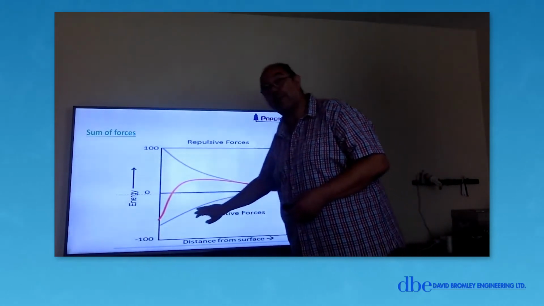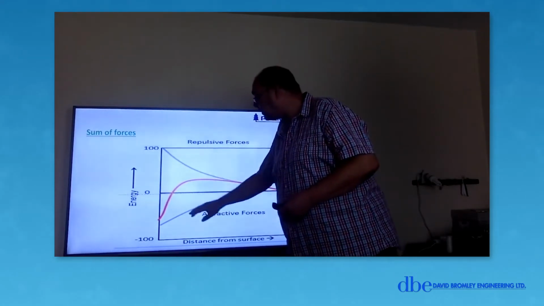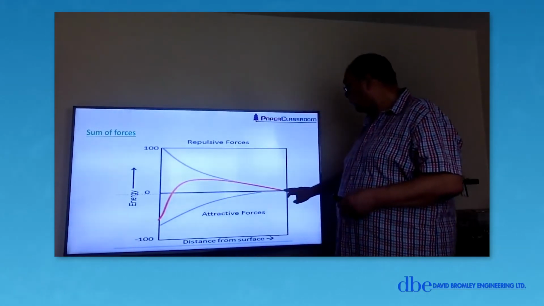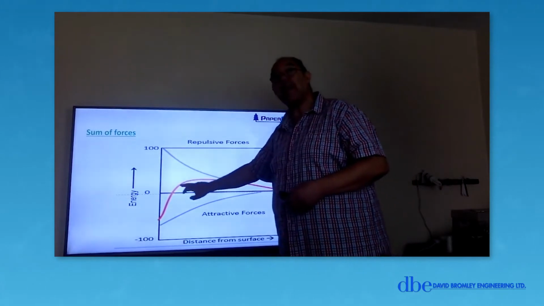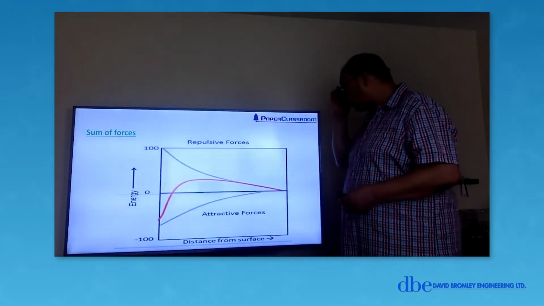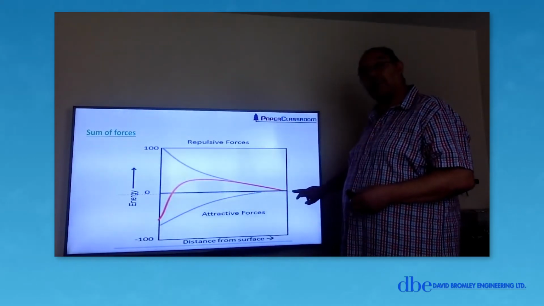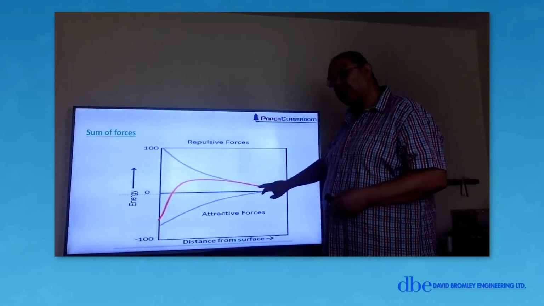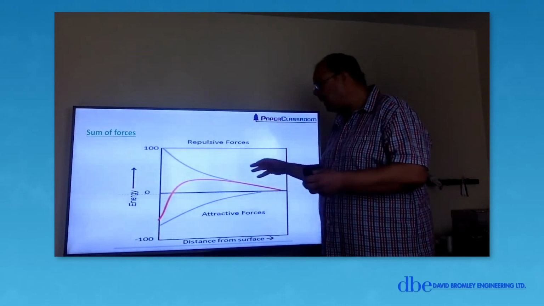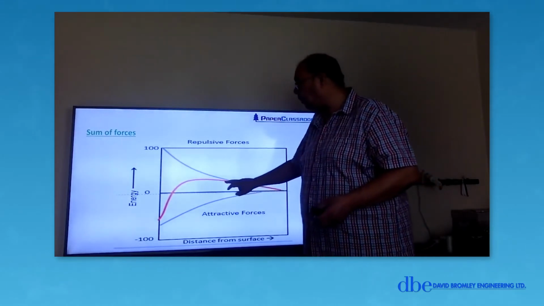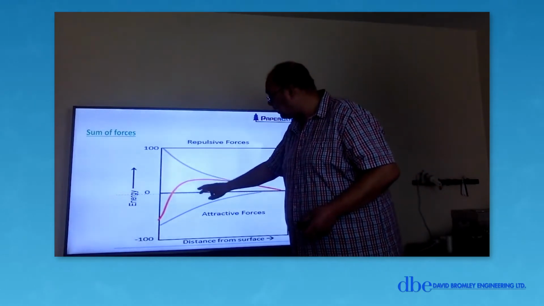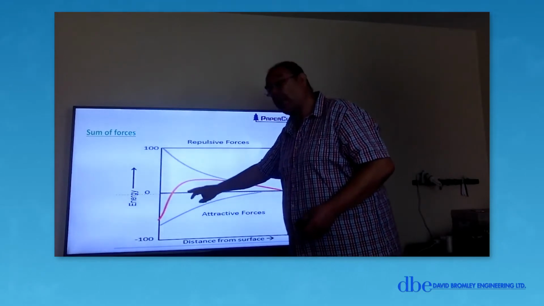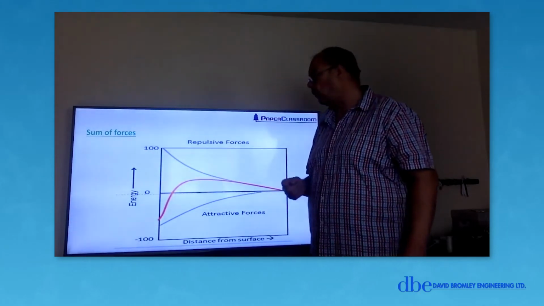When we add these curves together, the red line represents the net curve. So what it's showing is, as two particles approach each other, the repelling forces are dominating, so they want to stay far, far apart. The closer you get, the stronger the repelling force.